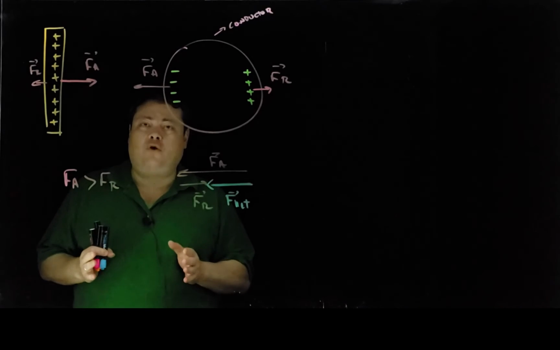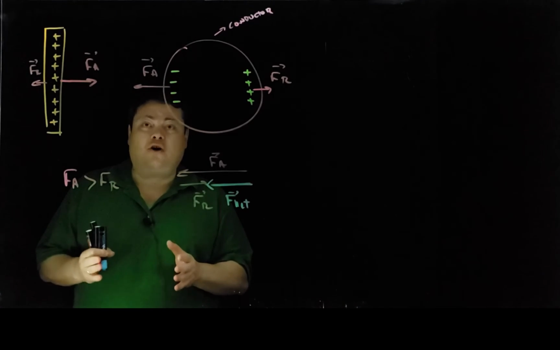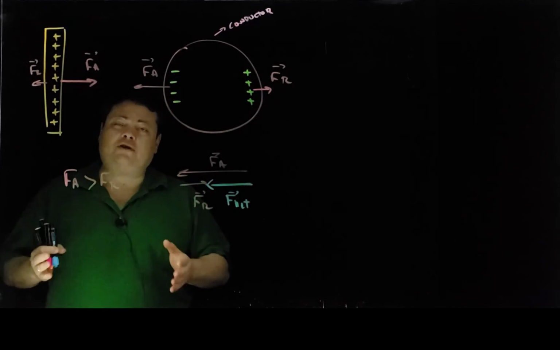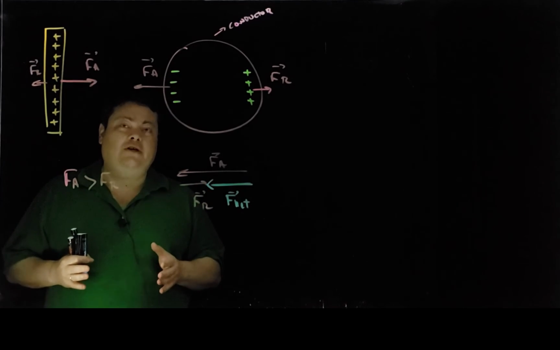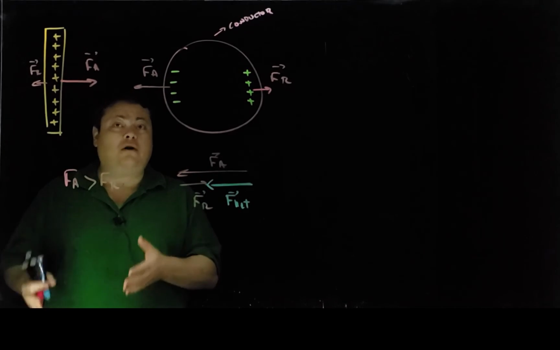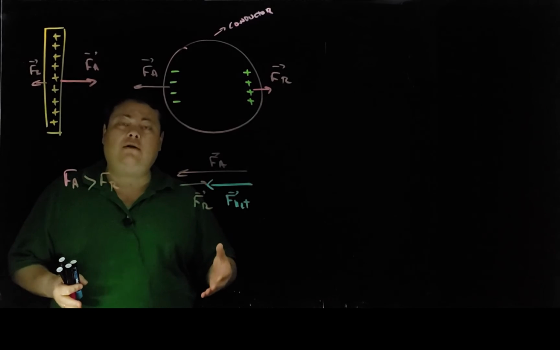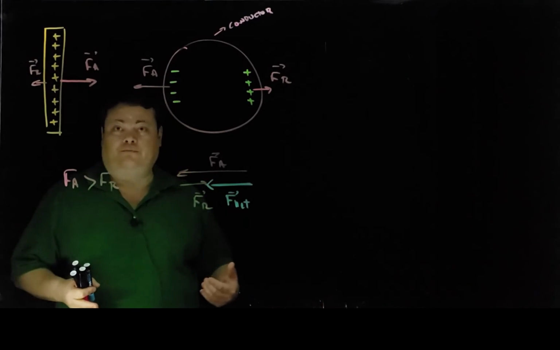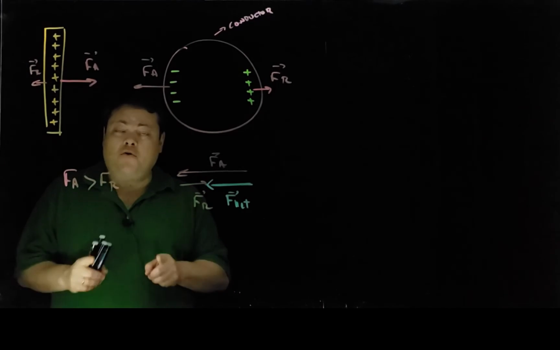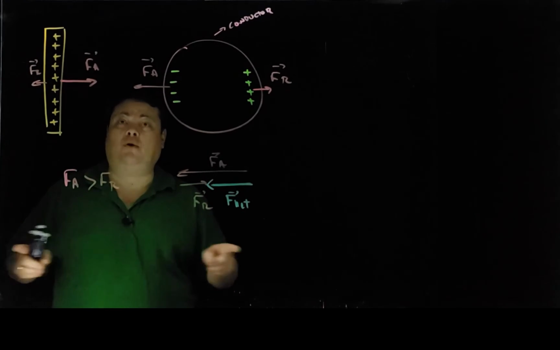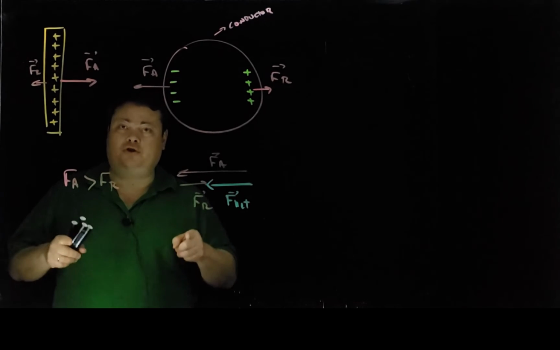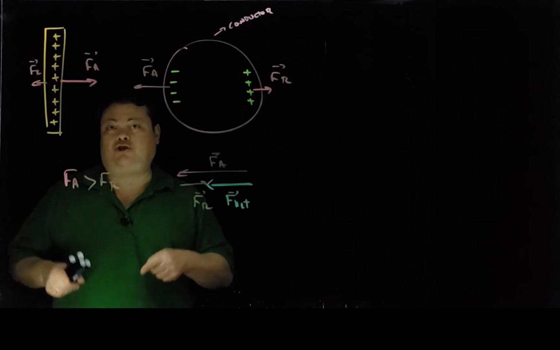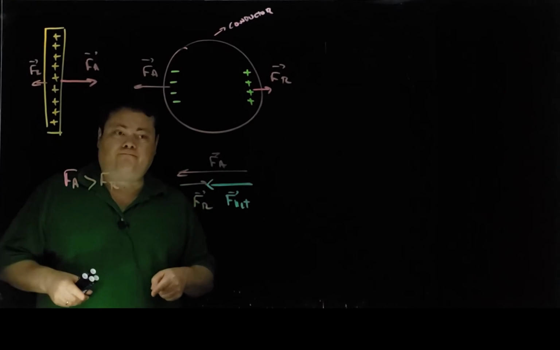So if you observe attraction, you cannot make the statement that the two objects have equal and opposite charges. You know for a fact that at least one of them is charged, and the other one is either charged with an opposite charge or neutral. To be sure that both are charged, I need to observe repulsion, because then I know that both are charged with equal charges, with like charges. Okay?